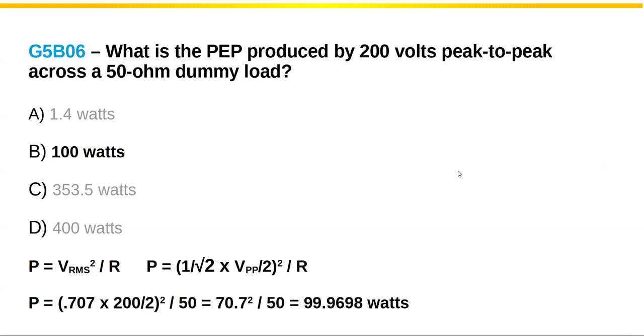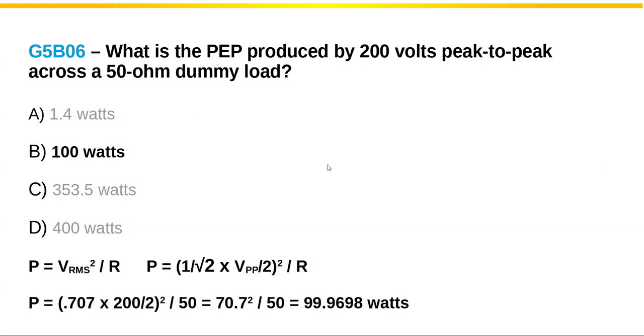Did you get that? Well, you threw in the 50 ohm dummy load, and we haven't talked about resistance anywhere. Well, we did power. What's power? When you have voltage and resistance, it's E squared over R, right?